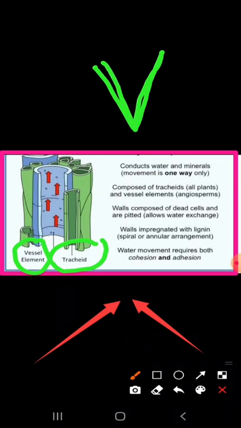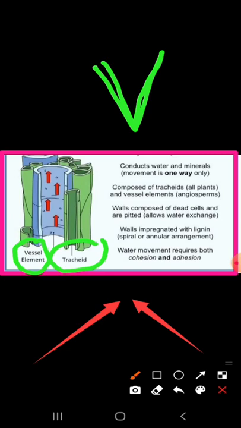Both tracheids and vessels do not have living protoplasm at maturity. If they do not have living protoplasm at maturity, they are dead cells. And they are involved in the transportation of water. As xylem is a water conducting tissue, xylem vessels and tracheids are involved in transportation of water.